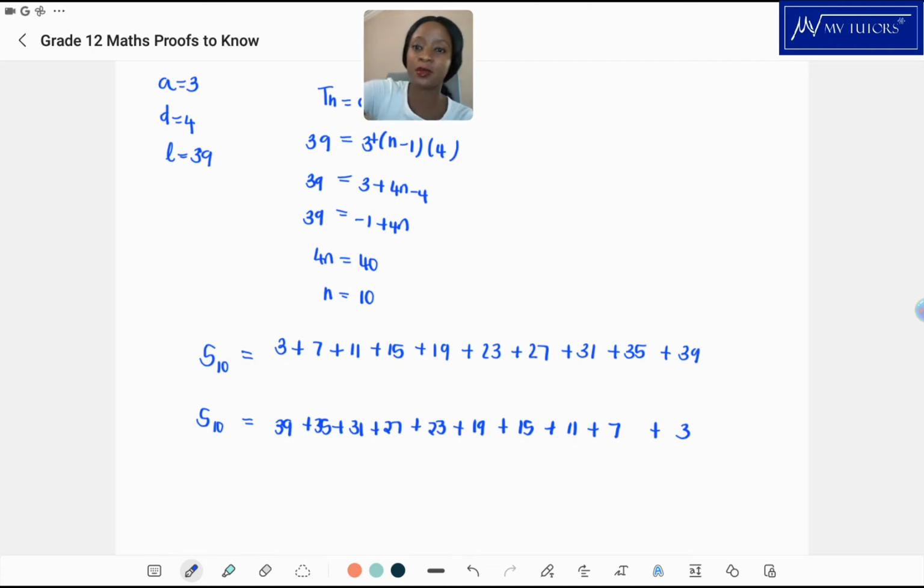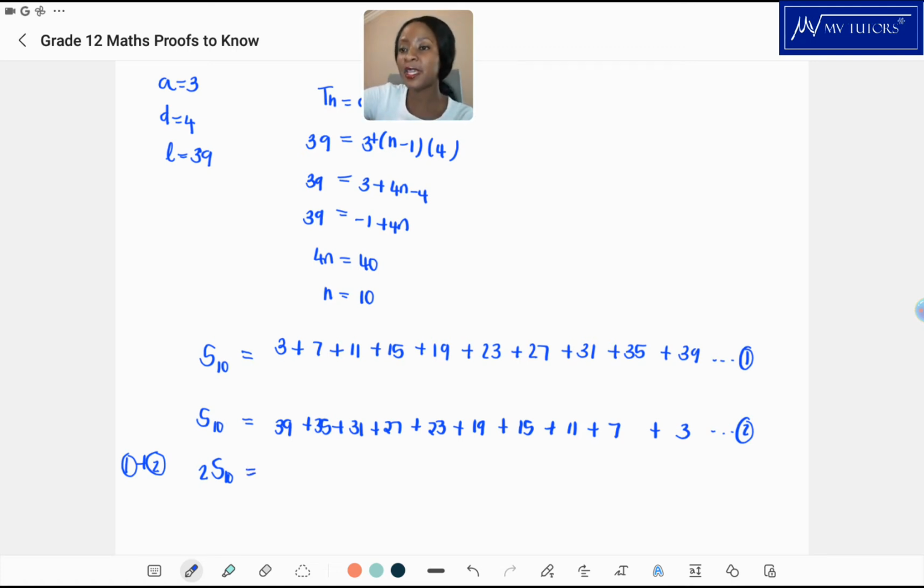Okay, so this is basically my first equation, and that will be my second equation. Okay, so what I do, I add my first and my second equation. Okay, so if I add them, I will be getting 2 times the sum of the 10 terms.